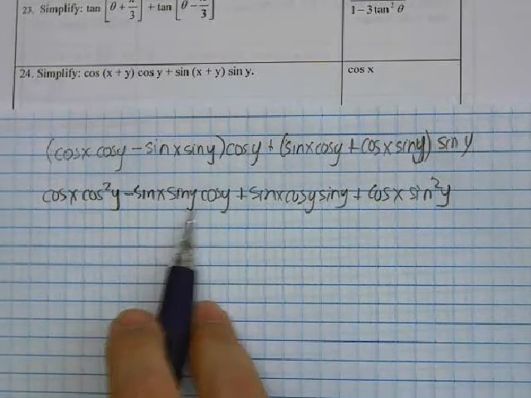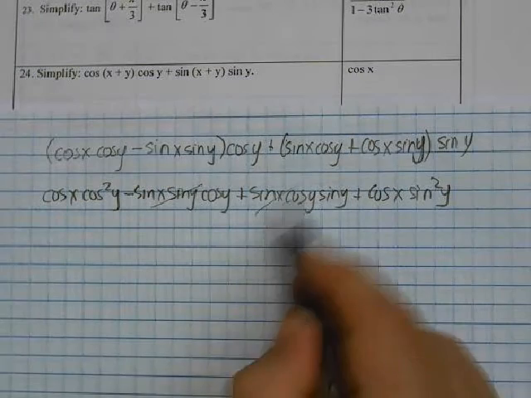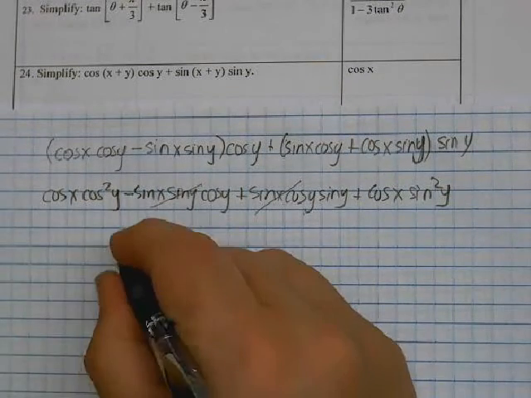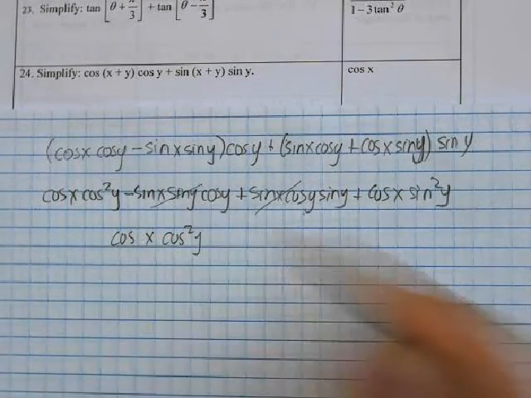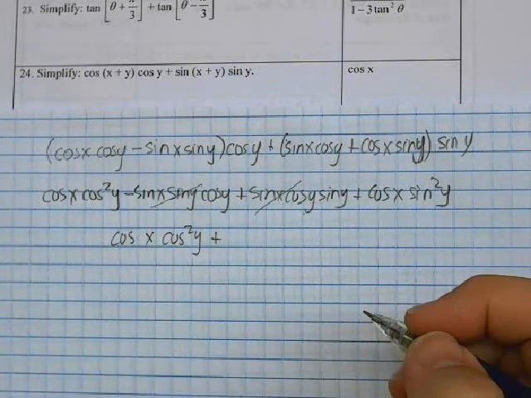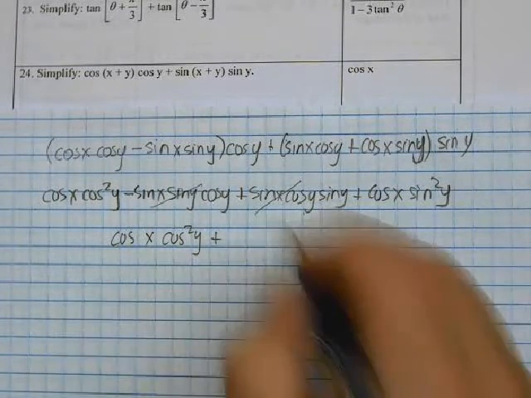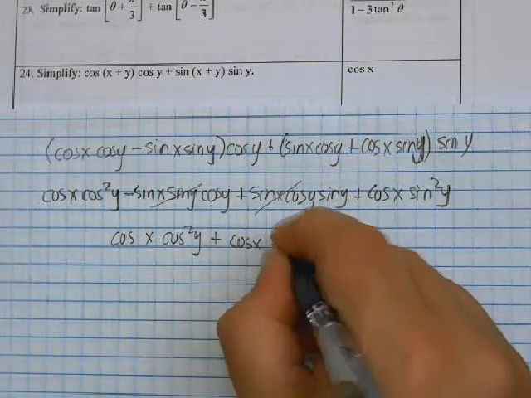Notice that these two terms are opposite of each other. So I can rewrite this as cosine x cosine squared y plus cosine x sine squared y.